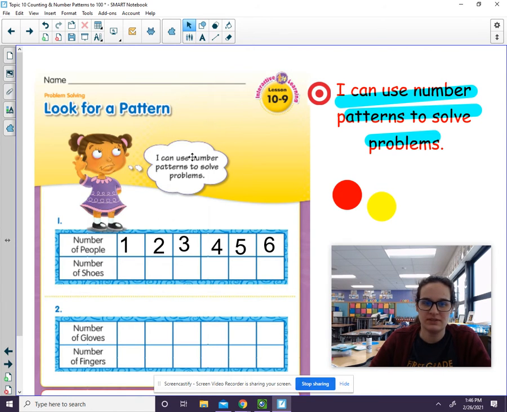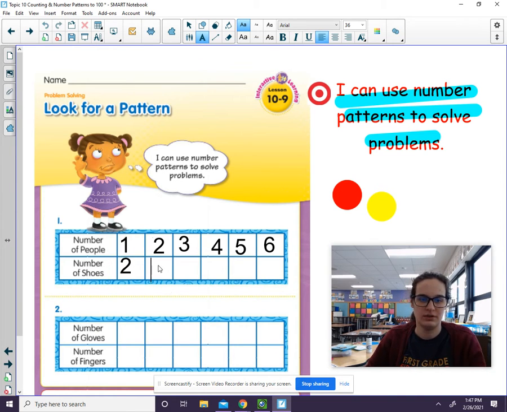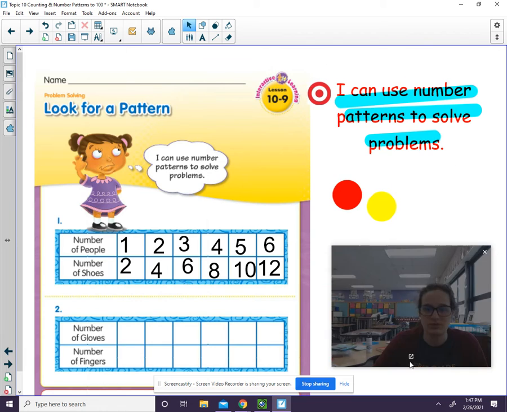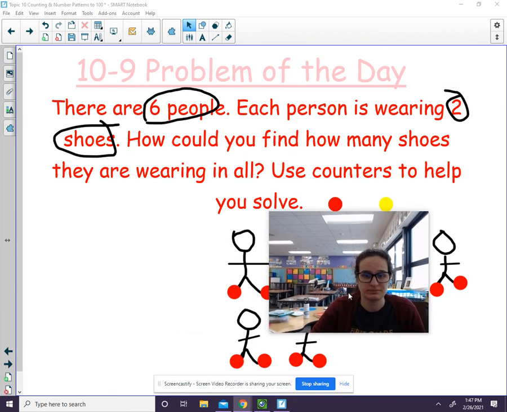So as long as we keep these in the same columns as we're counting, 2, 4, 6, 8, 10, 12, we can see that that's a way quicker way to solve this problem than to draw the picture.